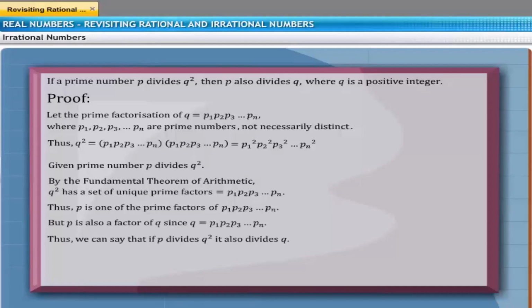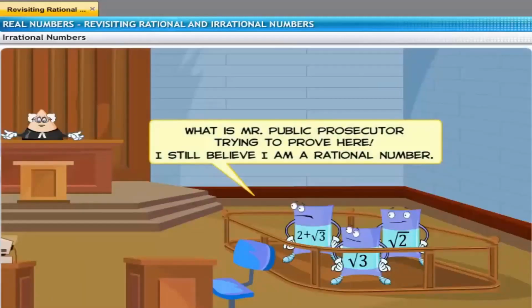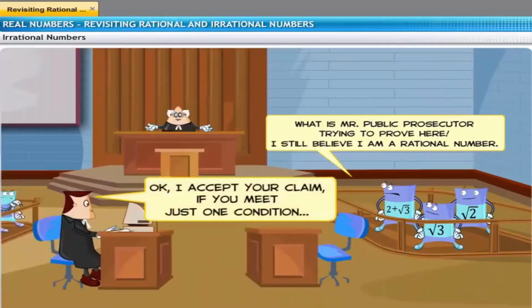But P is also a factor of Q. Thus, we can say that if a prime number P divides Q square, then P also divides Q, where Q is a positive integer. Where is this argument heading?